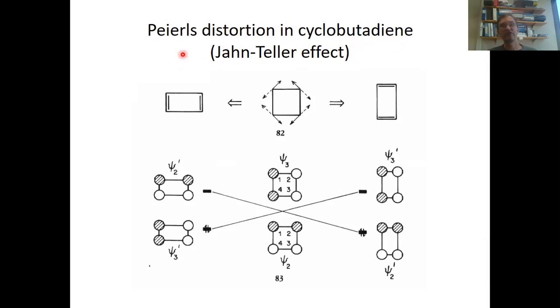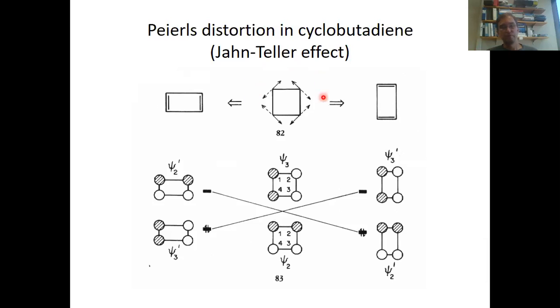So the Jahn-Teller effect says that a molecule likes to distort, to lower its symmetry, when it has partially occupied non-bonding molecular orbitals.